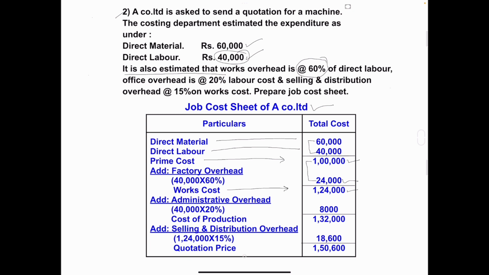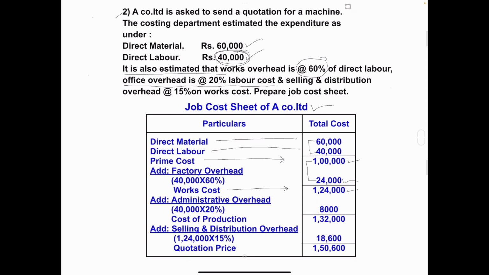Add administrative overhead. See the problem. Office overhead is 20% of labor cost. Administrative overhead means office overhead. How much we have to charge? 20% of labor cost. Labor cost means direct labor. Of this 40,000, 20% we have to take as office overhead.